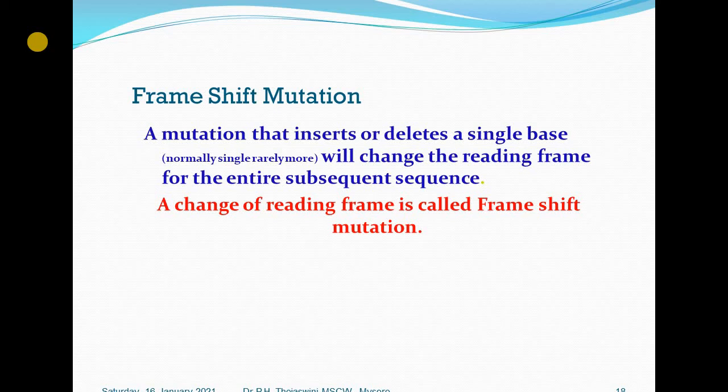In this frameshift mutation, there will be insertion or deletion of a single base. Normally a single, rarely a few more nucleotides might be involved. This will change the reading frame of the entire subsequent sequence. This change in reading frame is called frameshift mutation.